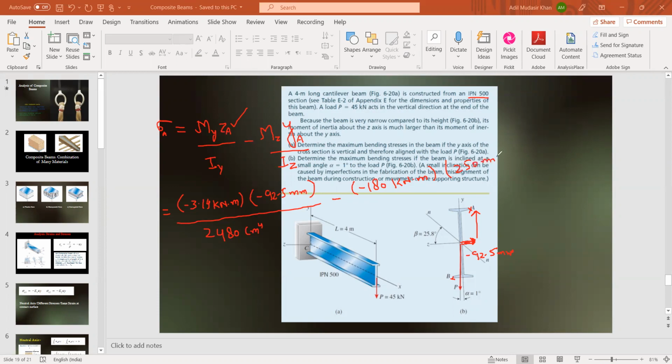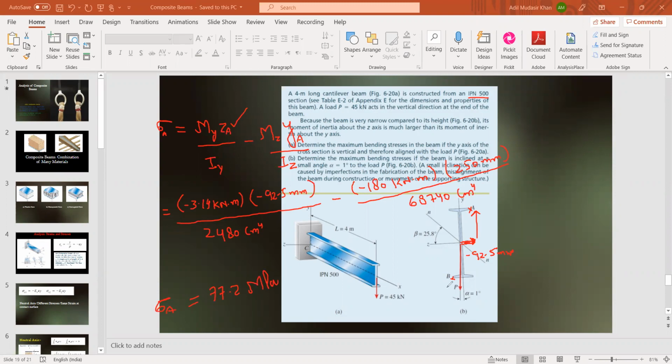Divided by the moment of inertia about the Z axis, which is given as 68,740 centimeter to the power 4. So that comes out equal to 77.2 megapascal. This is the stress at point A.